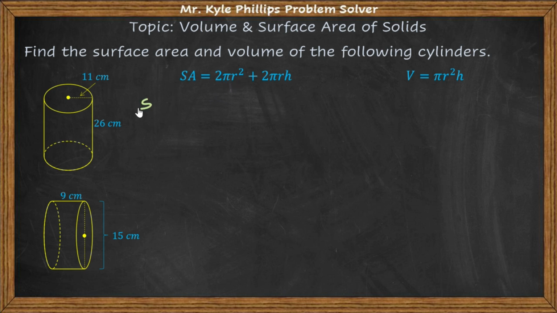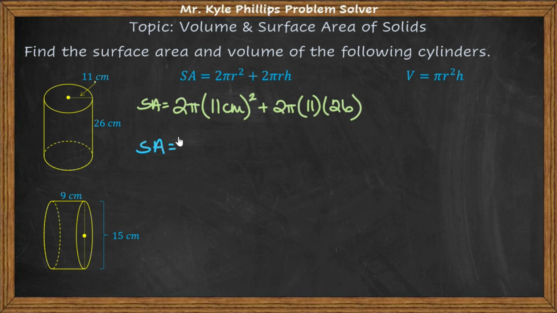So here my surface area, let's say, is 2 pi times my radius squared. Well, my radius is 11, so this will be 11 centimeters squared plus 2 pi times 11 times my height of 26. And I forgot my measurements here, but we'll include those in the solution.